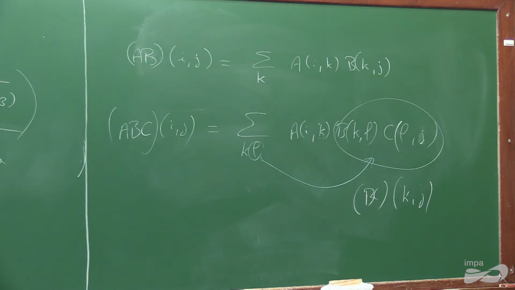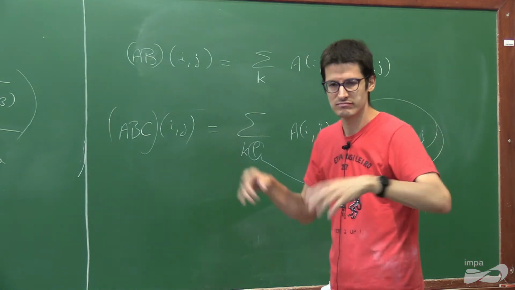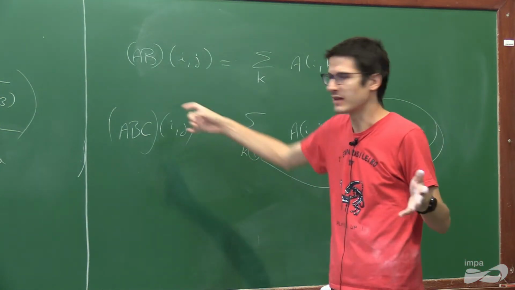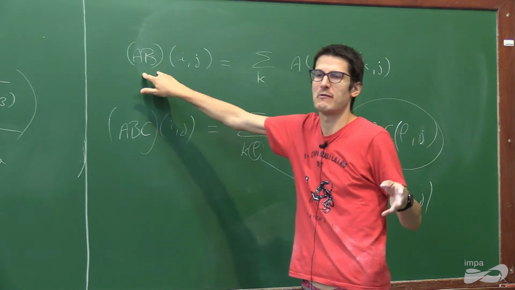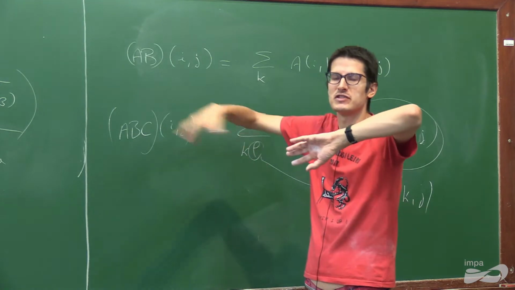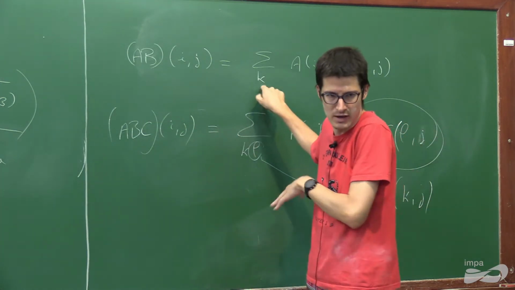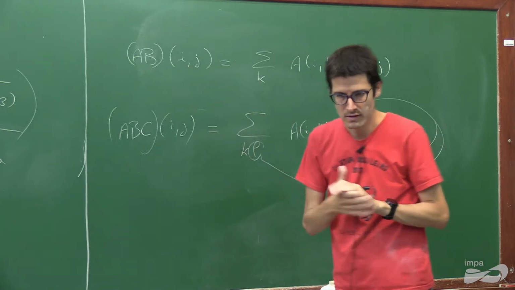Here I have products between arbitrary rectangular matrices, and the dimensions have to fit so that the product makes sense, and I'm summing k over the right range.